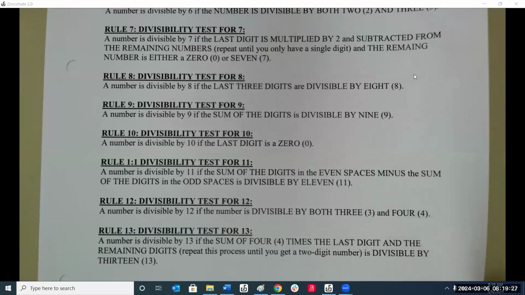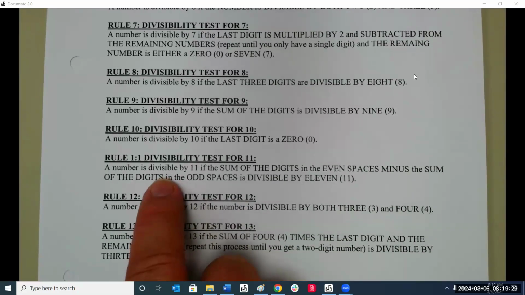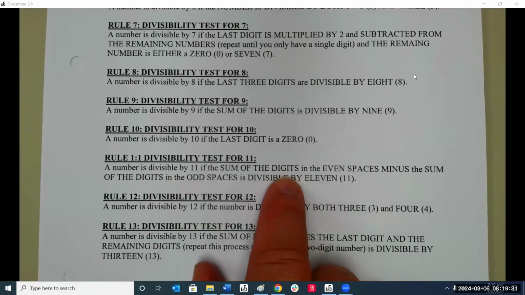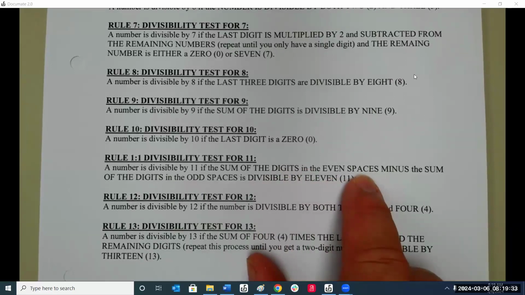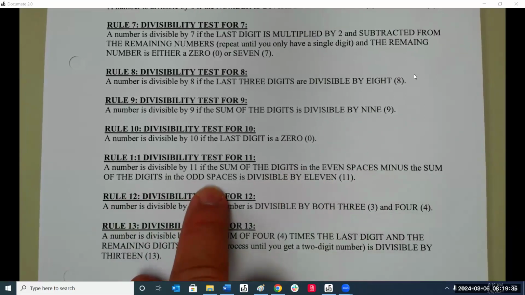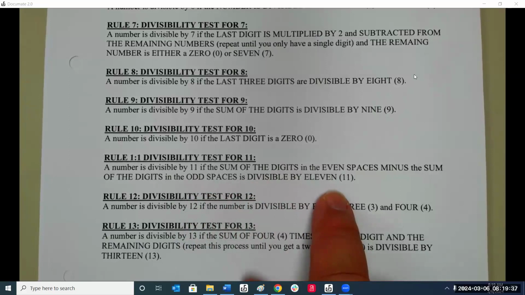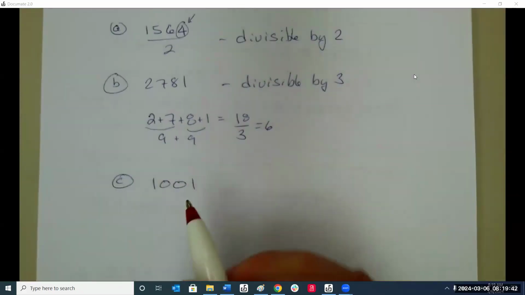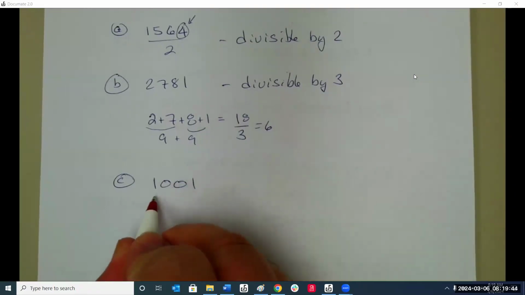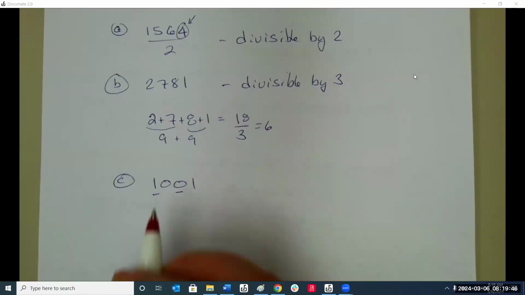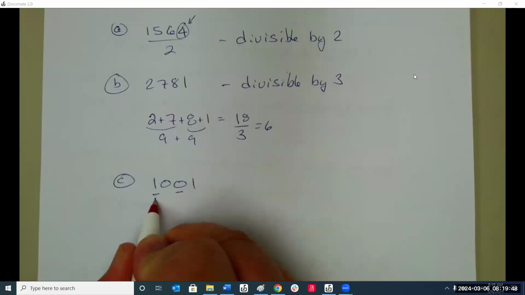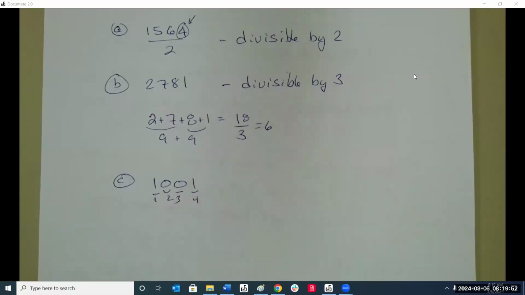Let's look at 11. It says a number is divisible by 11 if the sum of the digits in the even spaces minus the sum of the digits in the odd spaces is divisible by 11. The even spaces, these are the first and the third, second and the fourth.